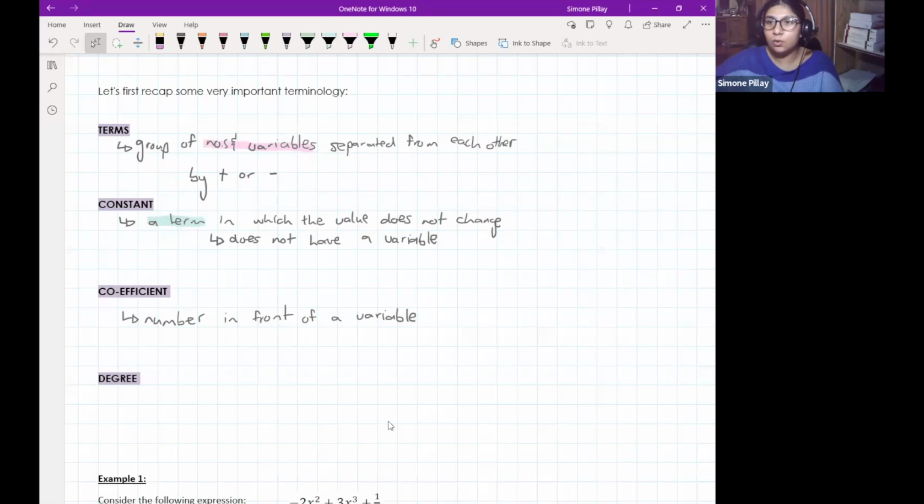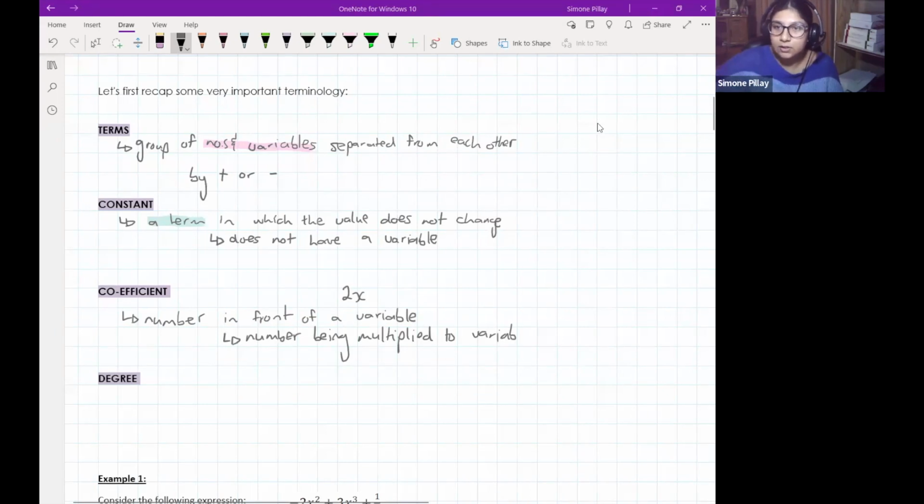So if we know a number in front of a variable, that would be something like 2x. So in other words, what do we know? It is the number that is being multiplied, the chat is in the way of me writing here, to the variable.